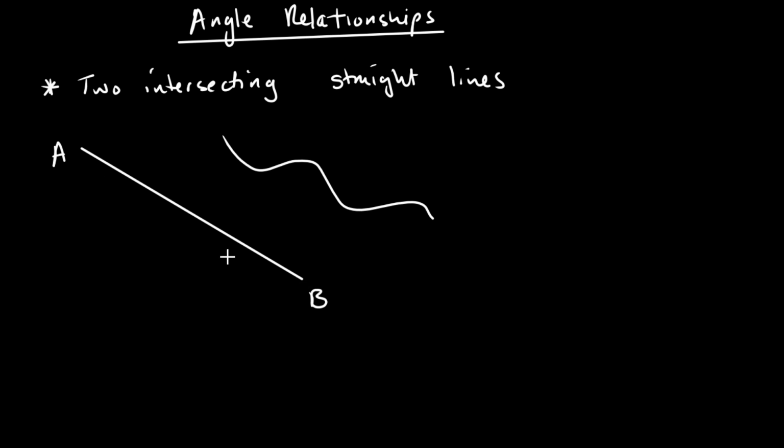So in mathematics, we don't have to assume. We have to be told. Please make sure that you understand that we have to be told that AB is a straight line.